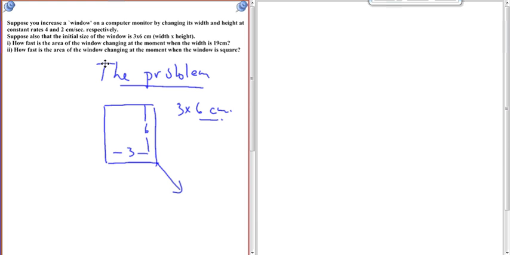And you're increasing it in such a way that the height changes at 2 centimeters per second, constant rates, and the width at 4 centimeters per second. So the window is getting bigger this way.